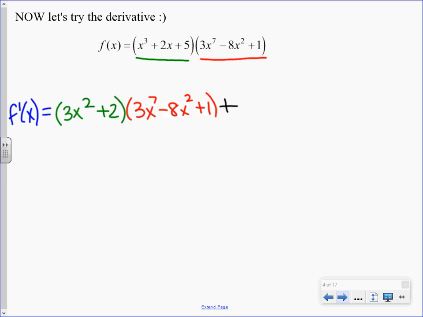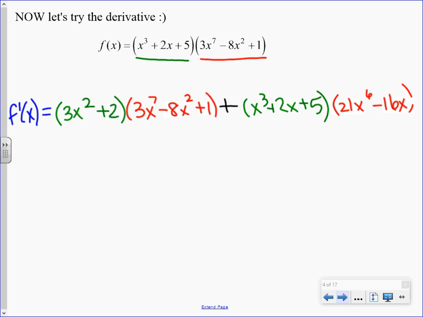And then we are going to add the first function times the derivative of the second. So if we look at that second polynomial, we would have 21x to the 6th minus 16x. Now, if we wanted to solve for anything, we would have to multiply that out. But for today's purpose of just finding the derivative, you can stop here.